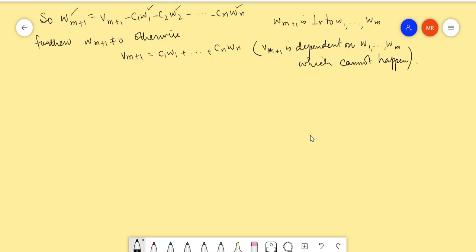If we assume it to be 0, then V_{m+1} can be written as C1W1 plus C2W2 plus CnWn. And hence V_{m+1} is dependent on W1, W2 up to Wn, which contradicts our supposition wherein we took that V_{m+1} is not in the span of these vectors.